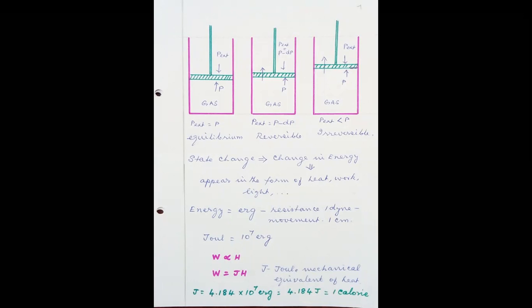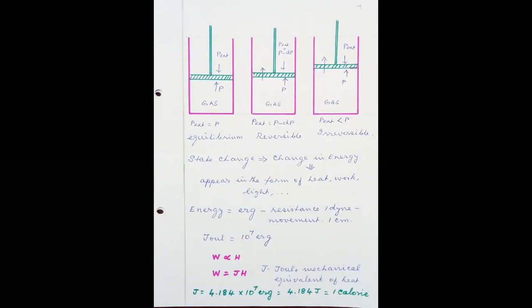So this energy is expressed in the CGS system in terms of erg. What is one erg? A resistance of one dyne, if it is moved to a distance of 1 centimeter, then the energy used or the work done is one erg.